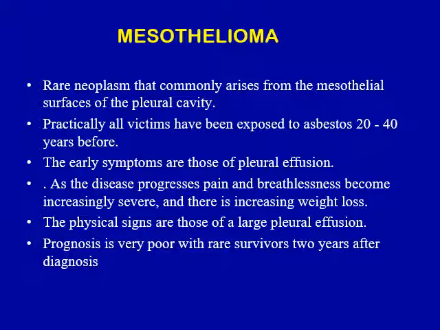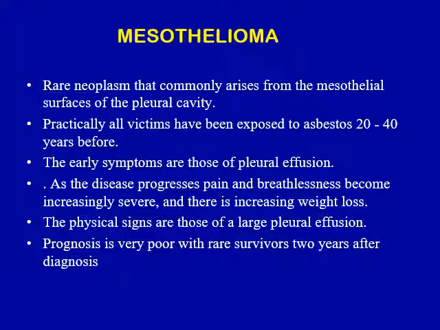Coming to mesothelioma, this is a rare primary neoplasm of the pleura, which commonly arises from the mesothelial surface of the pleural cavity. Practically all victims have been exposed to asbestos 20 to 40 years before. The early symptoms are those of pleural effusion: cough with shortness of breath.